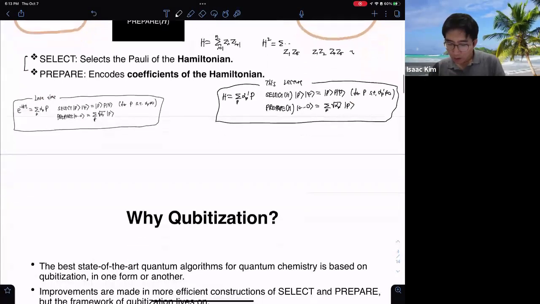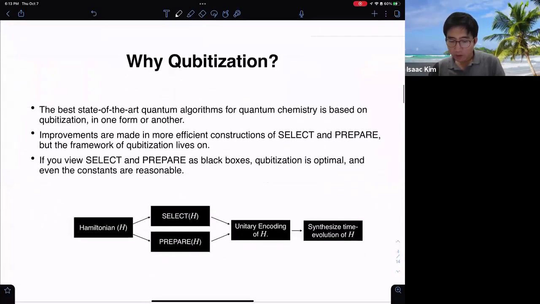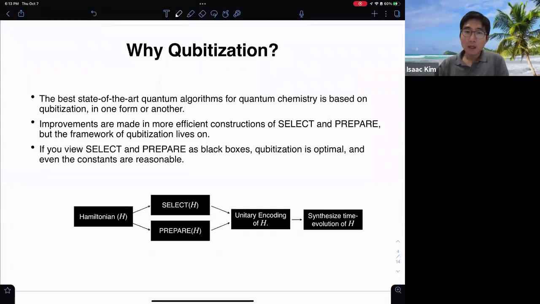You might wonder why we're studying qubitization. There are many reasons, but one reason is that it's the best state-of-the-art quantum algorithm for quantum chemistry applications. I think it's fair to say that in one form or another, the most recent developments in quantum algorithms for quantum chemistry are based on qubitization.